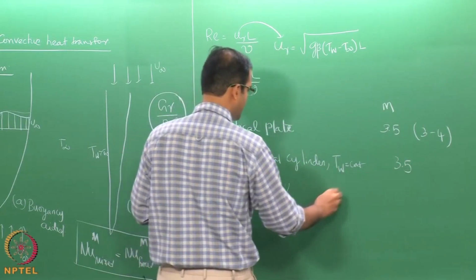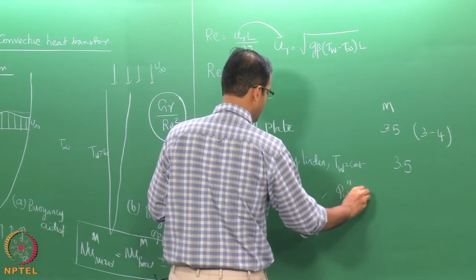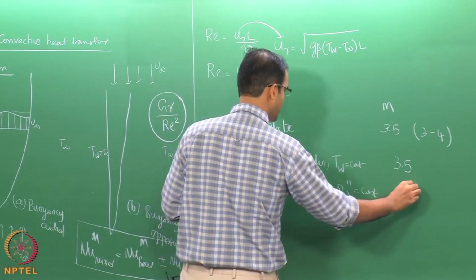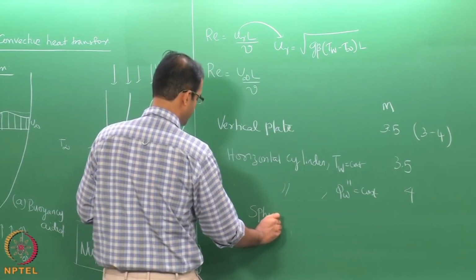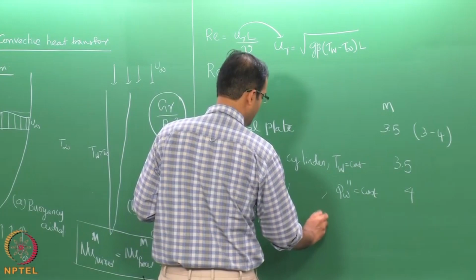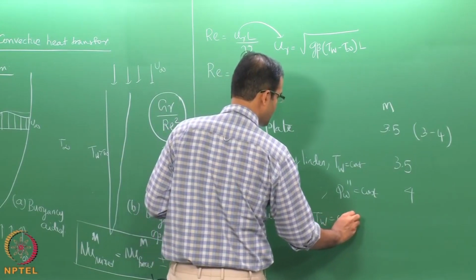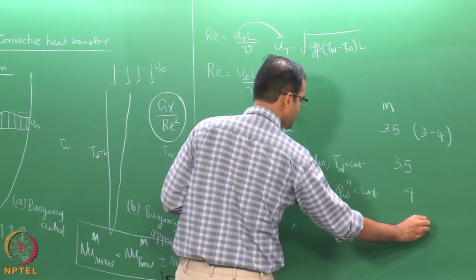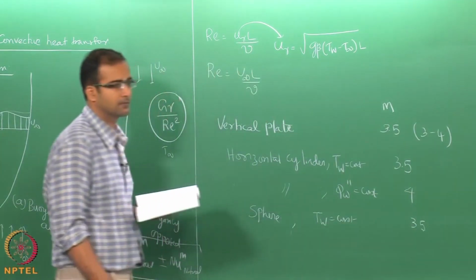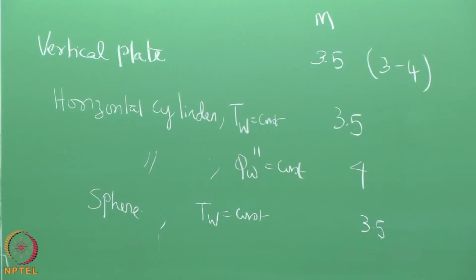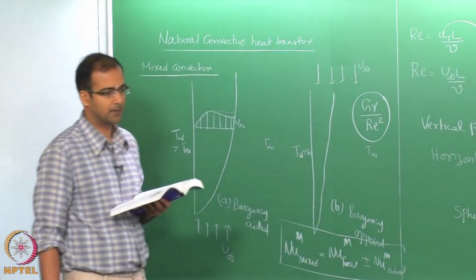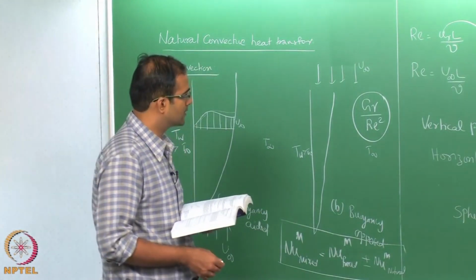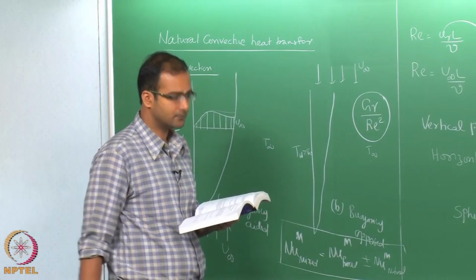The same horizontal cylinder with constant wall flux is taken to be 4, and similarly for a sphere with a uniform surface temperature, this value is taken to be 3.5. Okay. So, depending on the configurations, you can use the values of m appropriately and blend the values from the independent results. So, usually it is between 3 and 4.